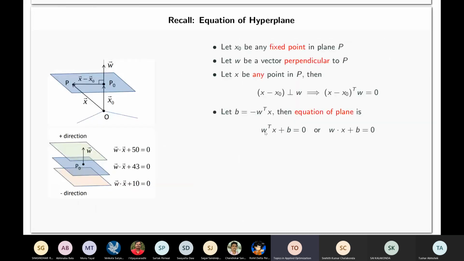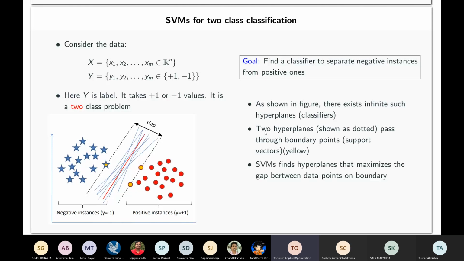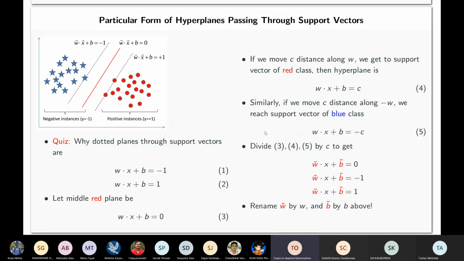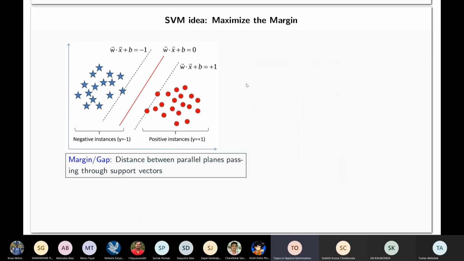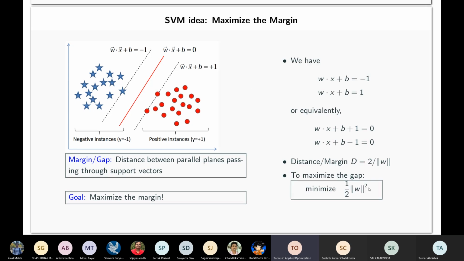We said what the forms of the supporting hyperplane are, and they look like this, and then we derived the optimization model, which is to maximize the margin. This is the margin, and if we reverse this and take the square, it is the same thing as minimizing this quantity.